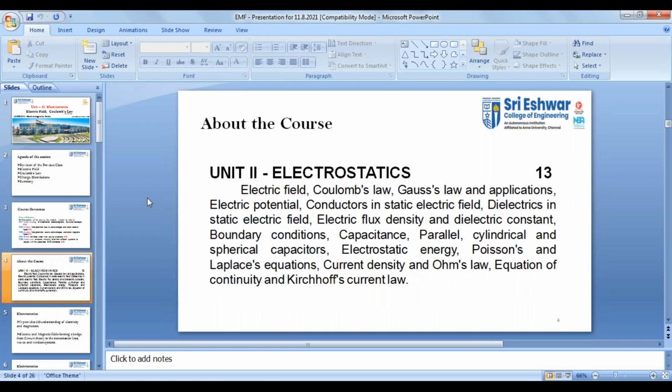So this is the unit content of the second module.